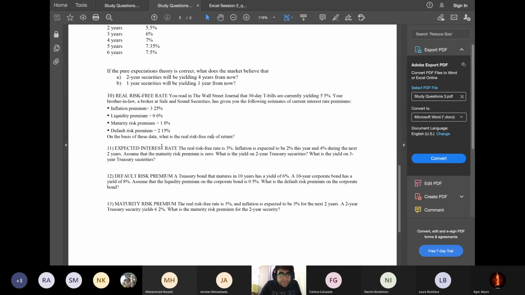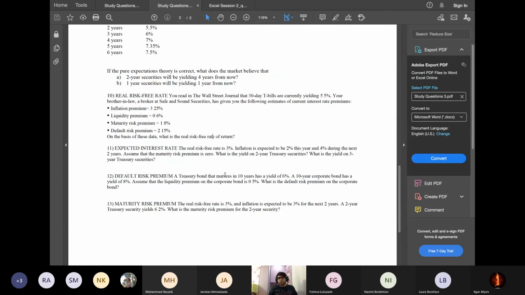Let's go to the 11th question. Expected interest rate. The real risk-free rate is 3%. Inflation is expected to be 2% this year, 4% during the next 2 years. Assume that maturity risk premium is 0. What is yield on 2-year treasury securities? And what is yield on 3-year treasury securities? So we talked about treasury securities.